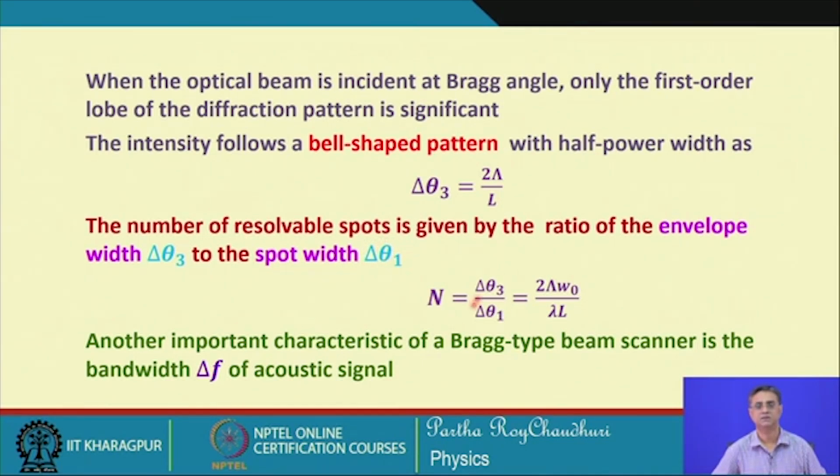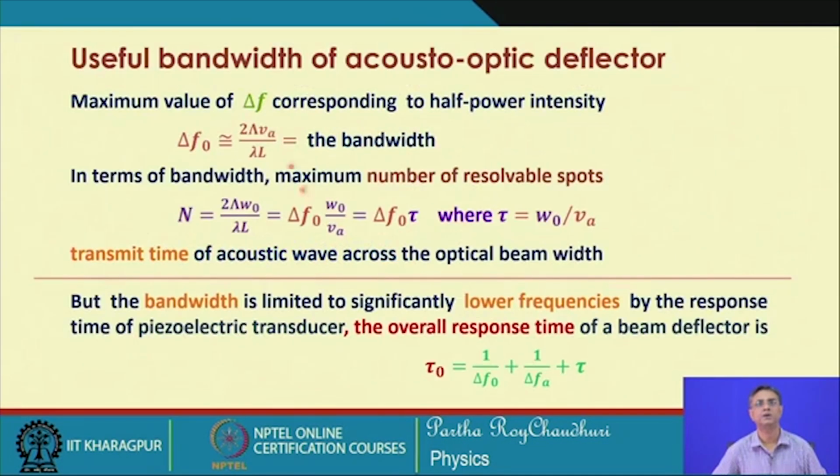We just explained that delta theta 3 by delta theta 1 will give you the number of resolvable spots. So, this comes out to be this. So, it can also be used as a beam scanner, in which this delta theta of the acoustic signal is very important.